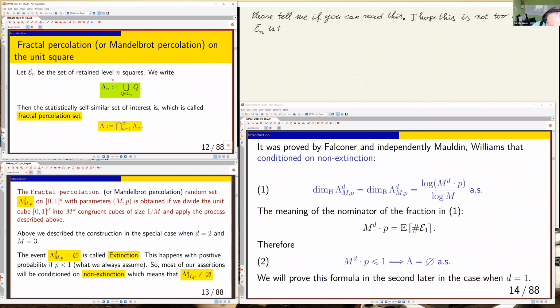So E_n is the collection of retained level n squares. Cubes, better to say, because maybe we will be in higher dimensions sometimes. Okay, I hope you can read what I wrote here previously.